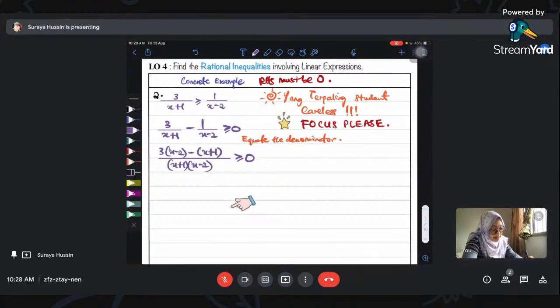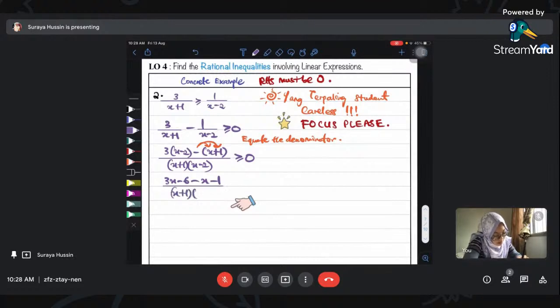Saya buat bracket ya guys. When I do this bracket means it's very important because some of you are very careless. You terlupa kita akan bertukar sign later on. So 3x minus 6 minus x minus 1.